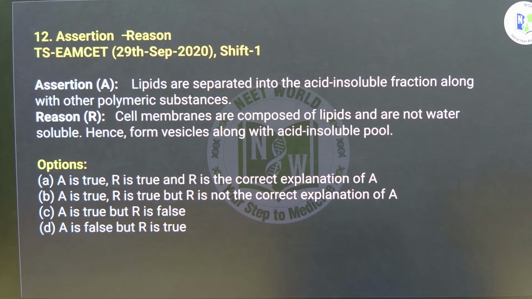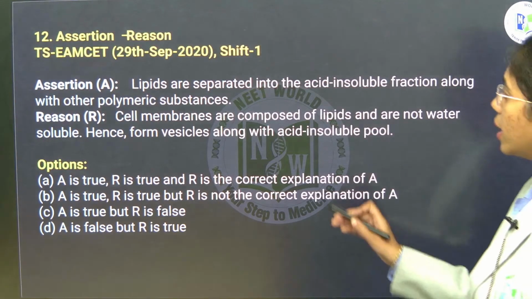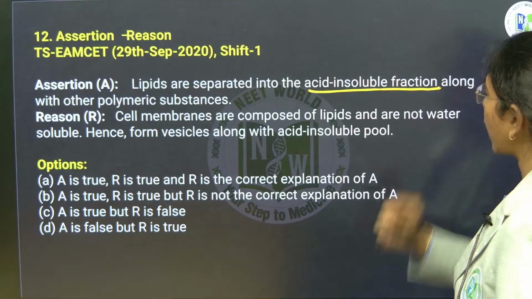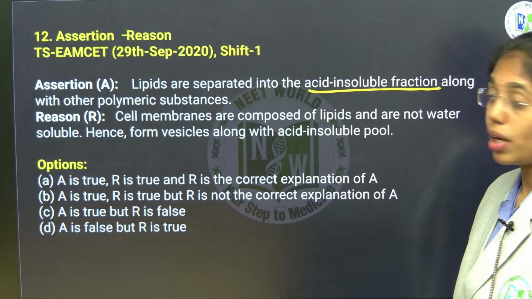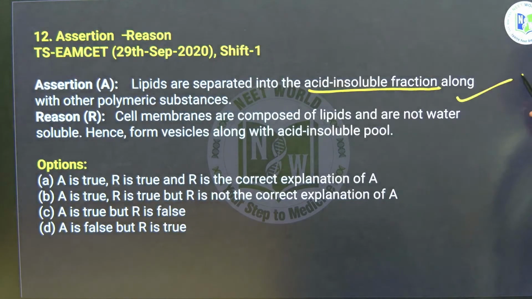assertion reason type of question. Look into that carefully and answer. First, in assertion, lipids are separated into acid insoluble fraction along with other polymeric substances. True. Cell membranes are composed of lipids and not water soluble.